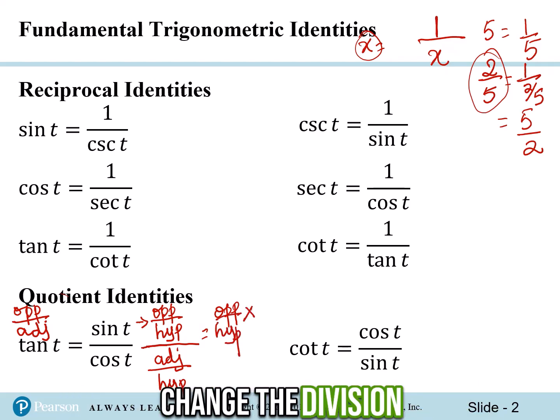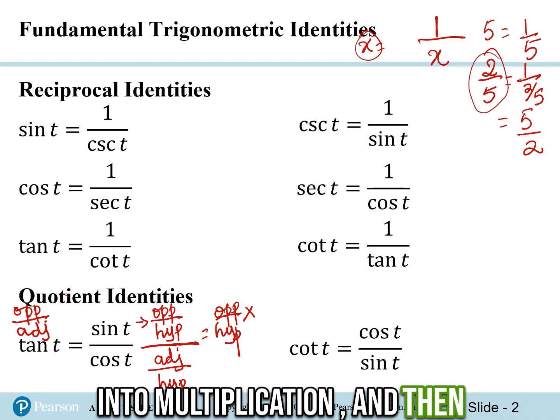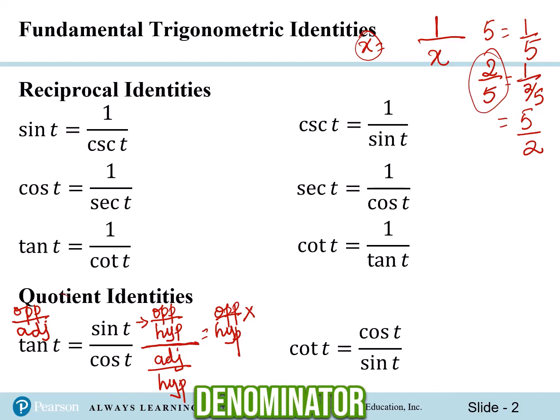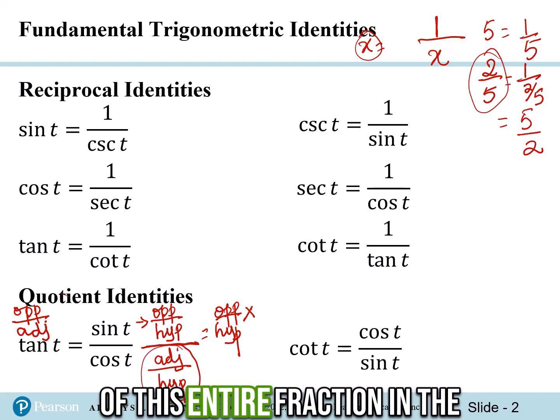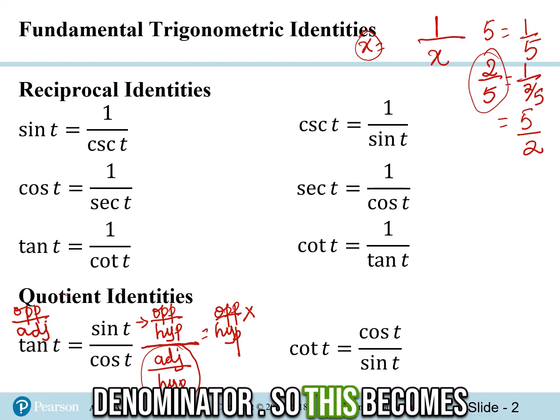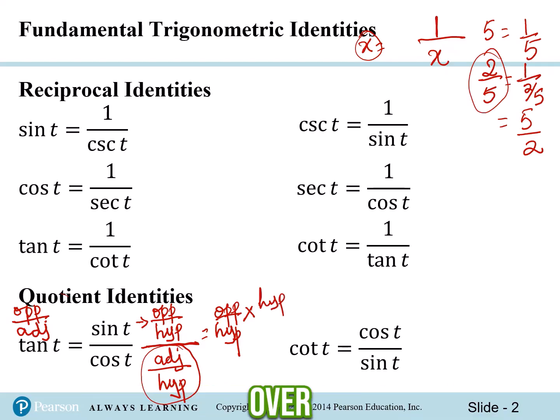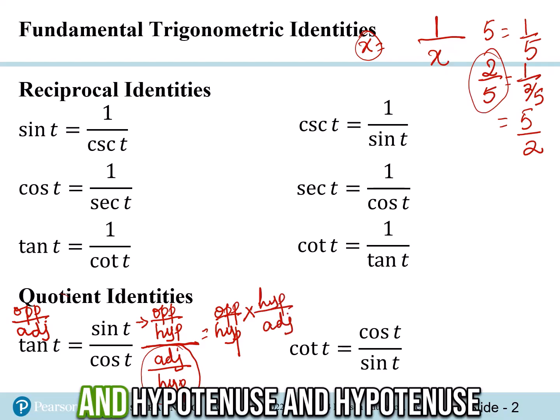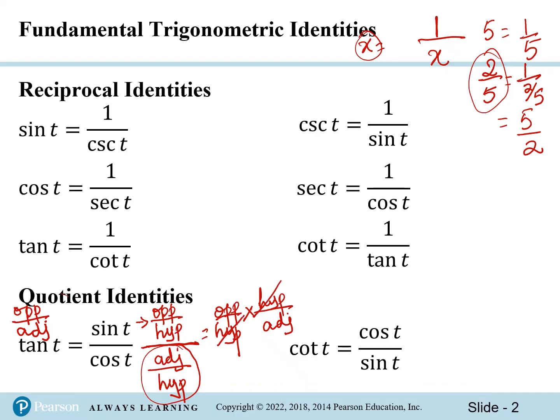We change the division into multiplication, and then we flip the numerator and denominator of this entire fraction in the denominator. So this becomes hypotenuse over adjacent, and hypotenuse divides out.